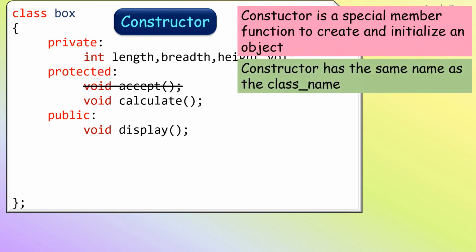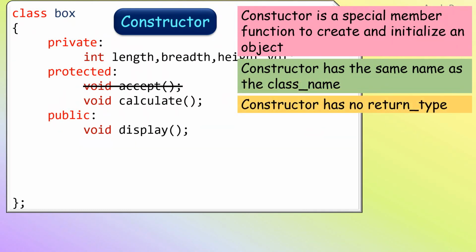Constructor has same name as the class name. Constructor has no return type. The name of my class is box. So here I write box and parenthesis.